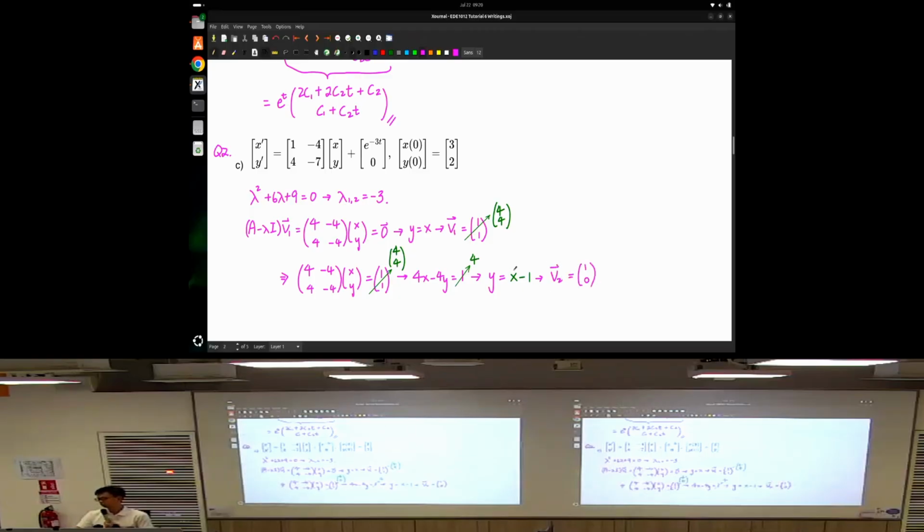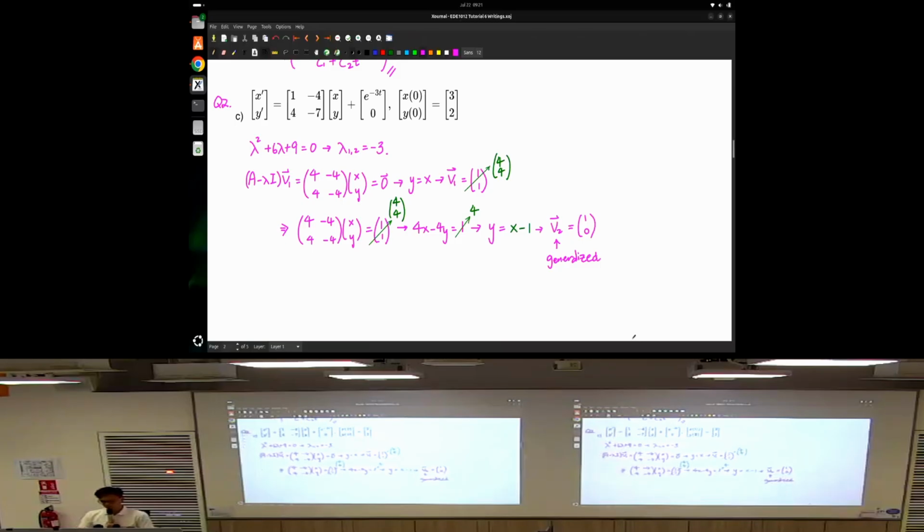You can put 0 minus 1 also can. Okay, but 1, 0 probably is nicer because you don't have a negative. So therefore, the V2 is generalized. So after that, you can use the Duhamel's principle for defective matrix A.